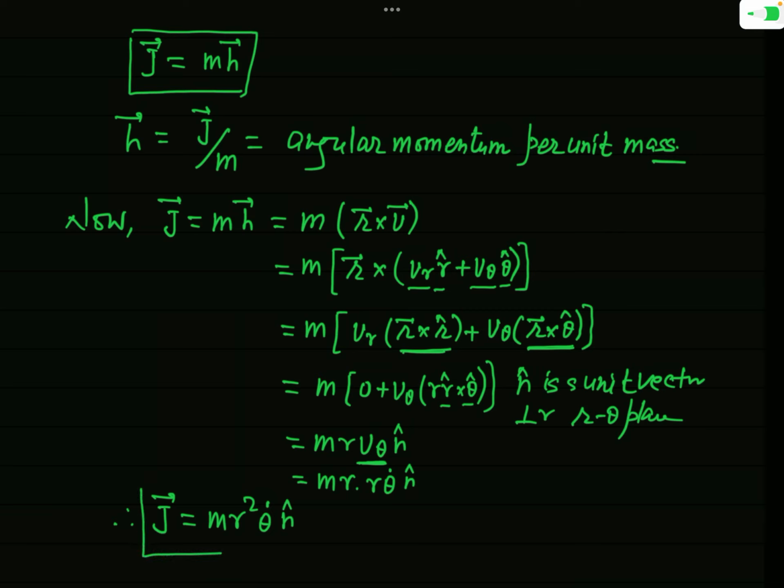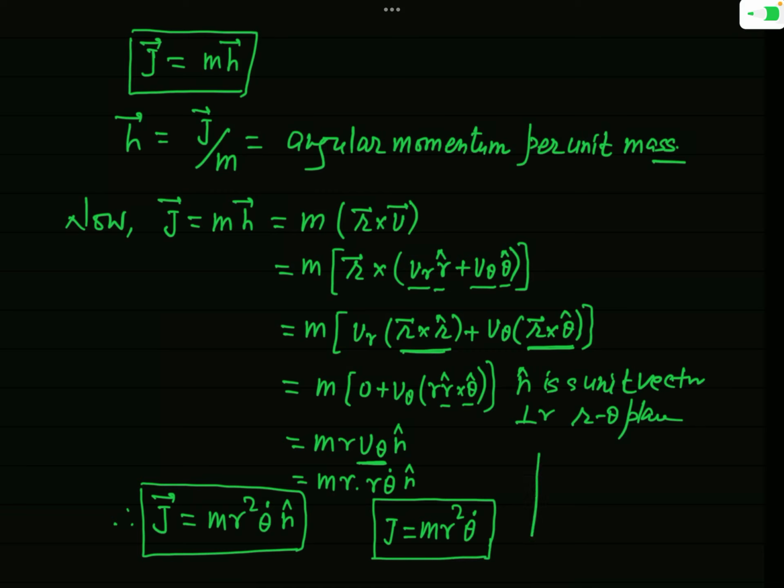If you want to write only the magnitude of this vector J, it will be simply m r square theta dot. This form of expression for angular momentum is very important, and you will see its use very frequently in our forthcoming lectures.